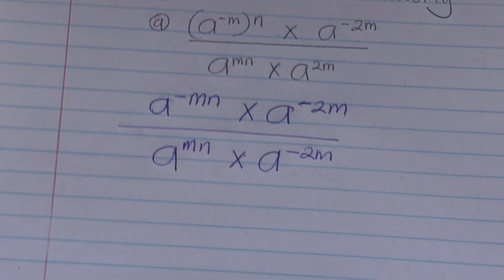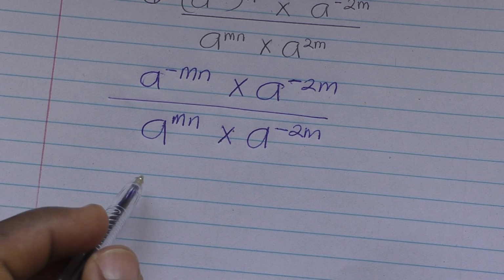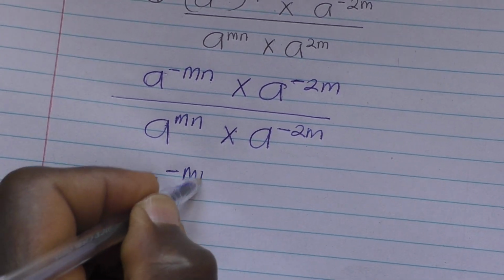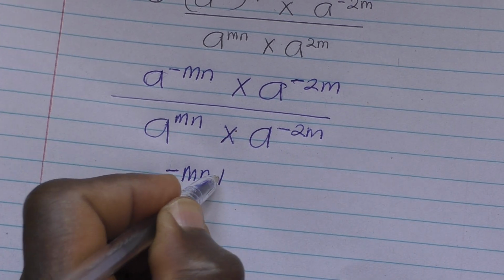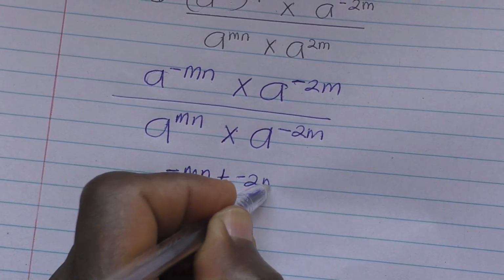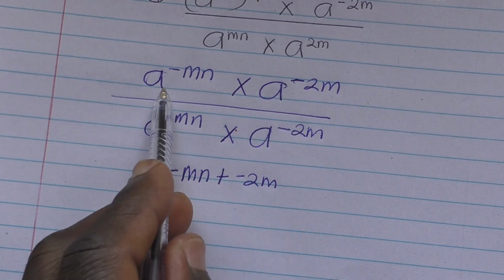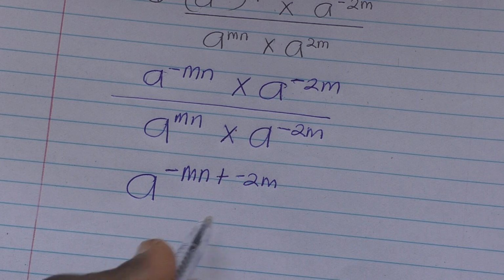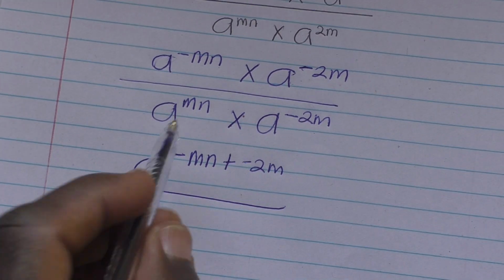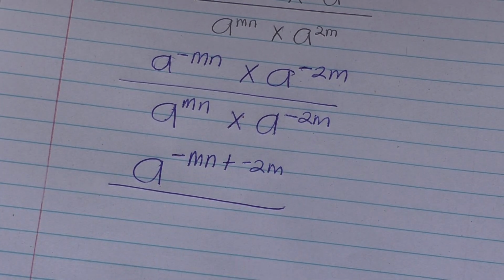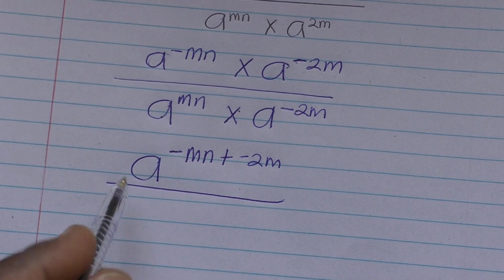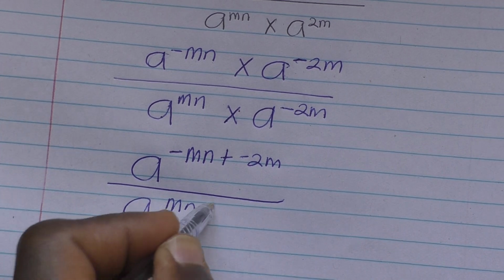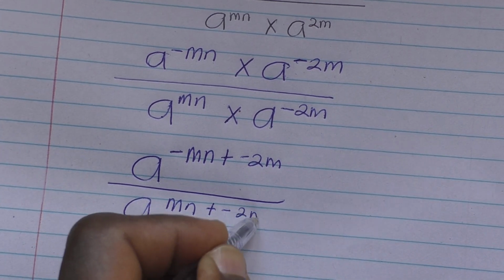So let us do that. We can have a power negative mn plus negative 2m. Since I'm multiplying the same bases, I will simply add the powers to get this. Then over, the same applies to the denominator, where I will have a power mn plus negative 2m.